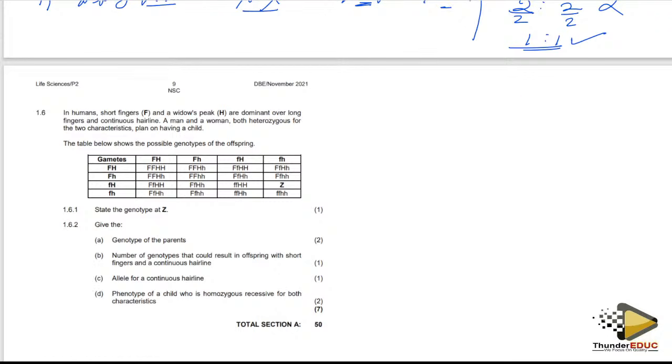A man and a woman both are heterozygous for the two characteristics. They plan on having a child. They're just planning to have a child. Okay, sharp. Let's go.